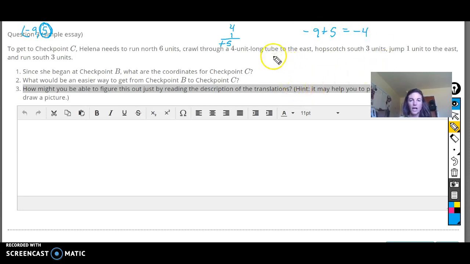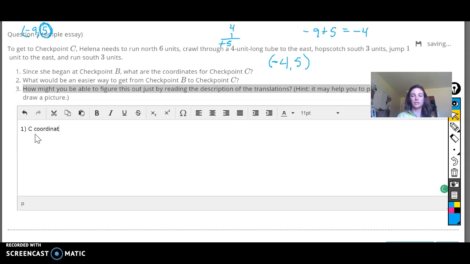So our new coordinates would be -4 and +5. Those are our coordinates for point C. I'll go ahead and start typing here. So that's answering the first question. C coordinates are -4, 5.